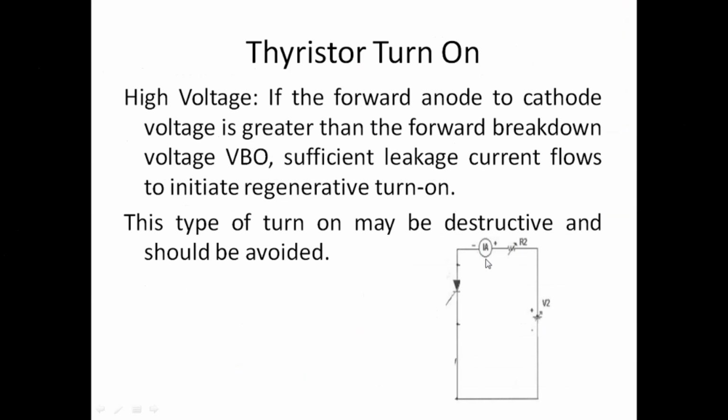What is the meaning? The SCR should be in off state. Even if 200 volts is applied, that 200 volts should not pass, meaning the current passing in this circuit should be 0. Correct or not? So the SCR should be in off state only.